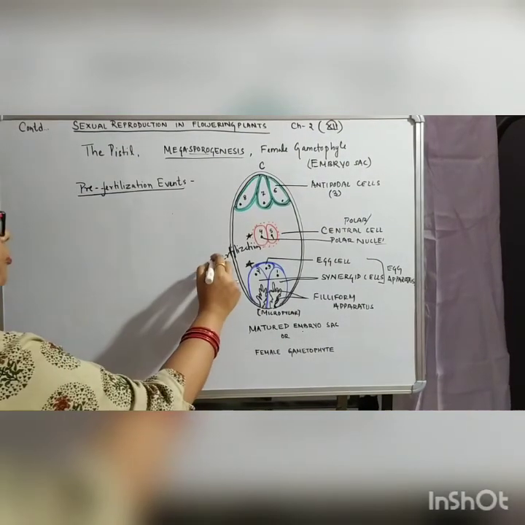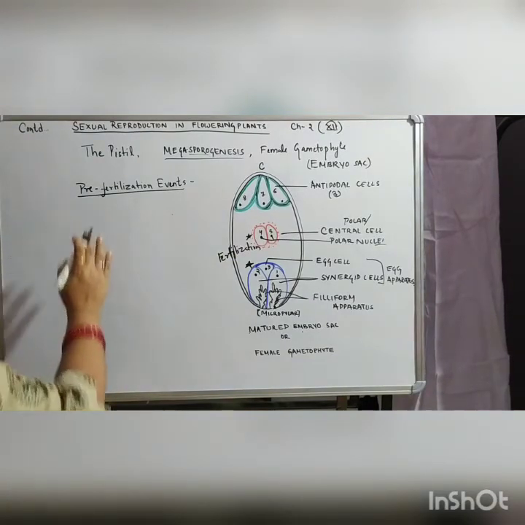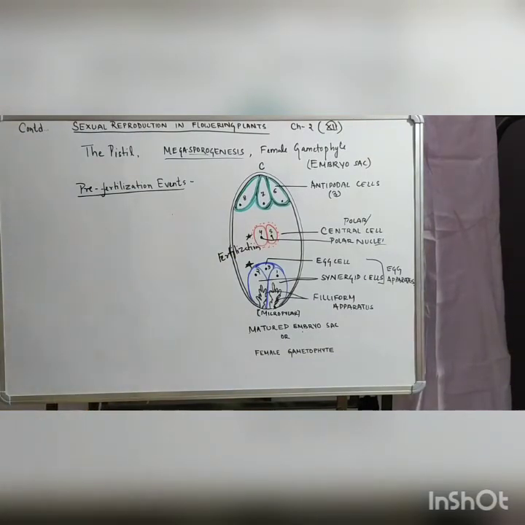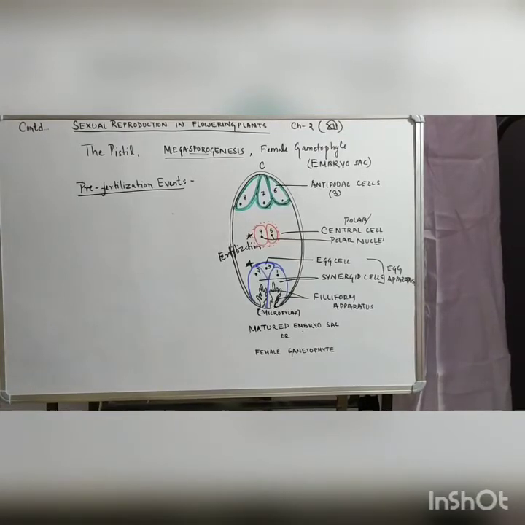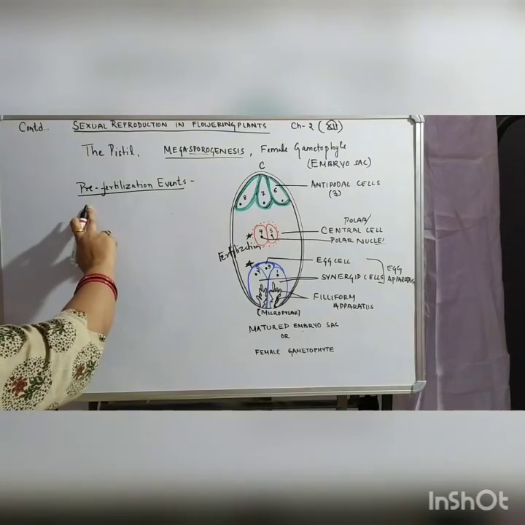So see, we have ended the topic which we started, pre-fertilization events. You can just refer to my last video, sexual reproduction in flowering plants, part 1, for the pre-fertilization events, structure and function. I am just briefing it for your help.